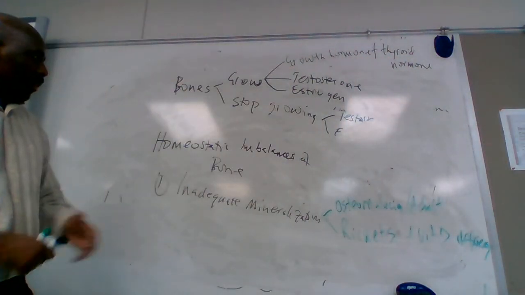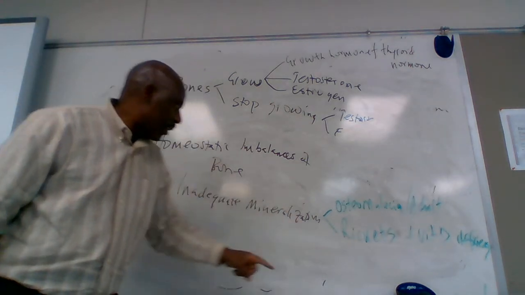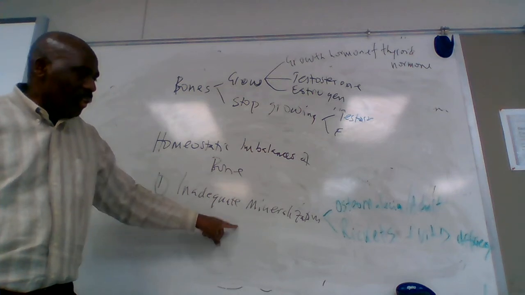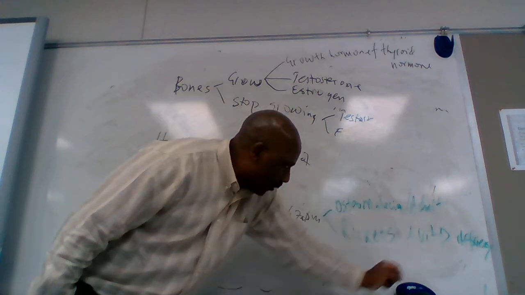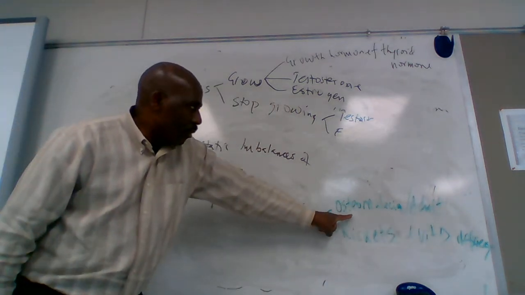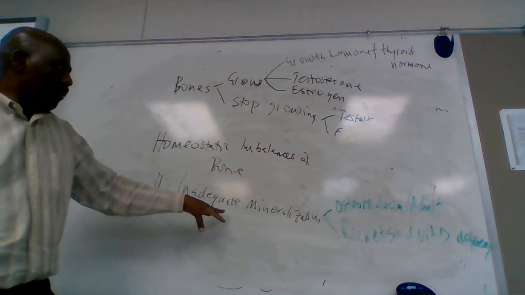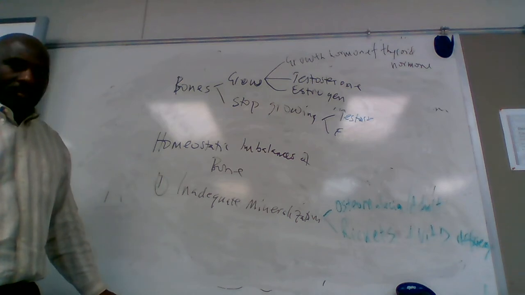So for a child to suffer from rickets, the child's bones are going to be inadequately mineralized, plus the child will also be suffering from vitamin D deficiency. For adults, the condition called osteomalacia is when the bones are inadequately mineralized.